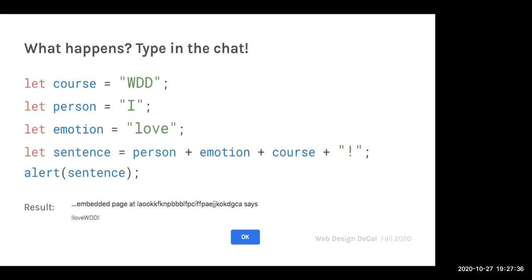For this class, we won't get too in depth into the differences between the three, but when you are declaring a new variable that you've never seen before, you do need to use let. And we'll talk a little bit about block scoping, which basically tells you when you can assign a new value to a variable without the let. But when you are creating a new variable, you do want to use the let.